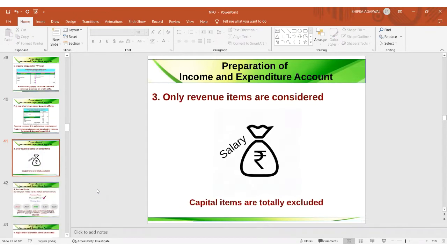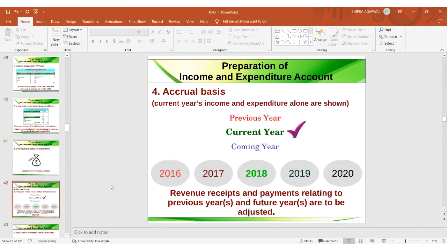Now, as I told you, only revenue items are to be considered. Capital items are totally excluded from it, right? Because it is prepared on the assumption that we are just calculating the surplus and deficit with respect to the regular activities of the business. So all these capital nature transactions are not to be considered over here.